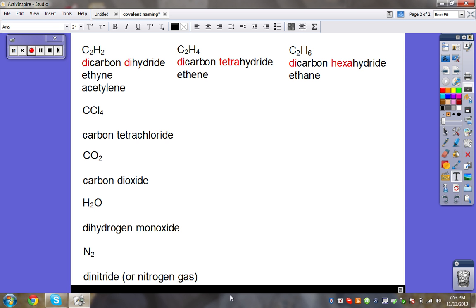So your homework is to write down why you need these prefixes like mono, di, and tri for covalent molecules, but not for ionic compounds, and give some examples to help back up what you're saying.